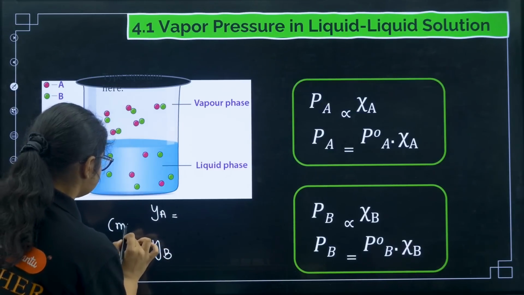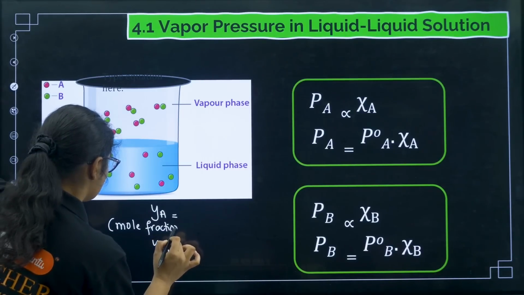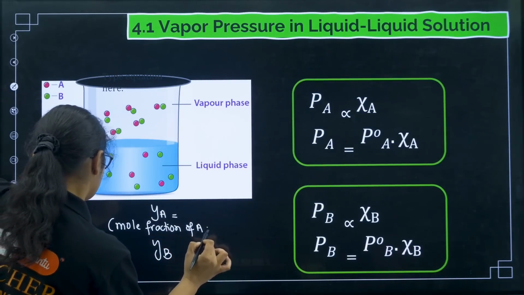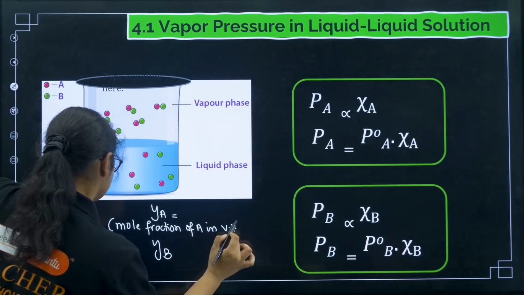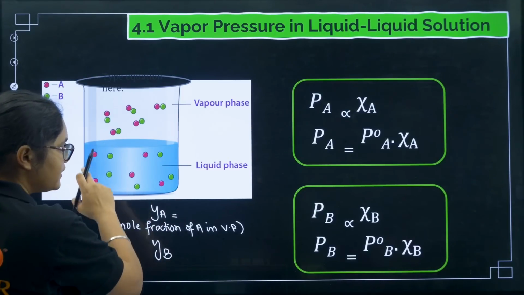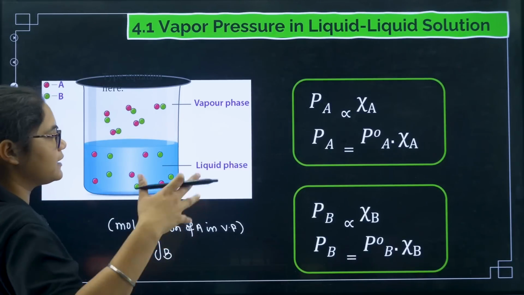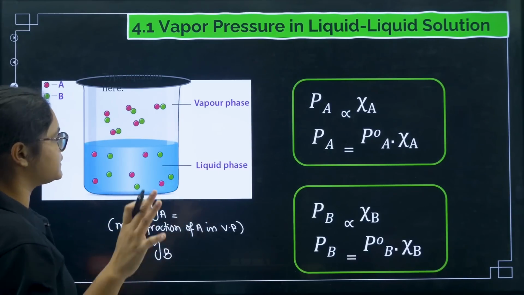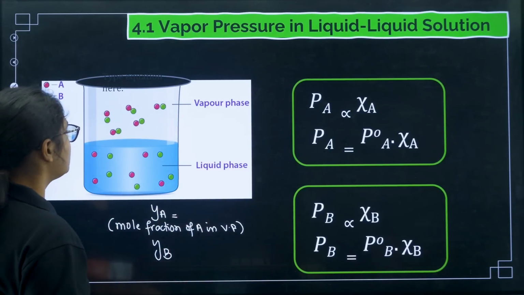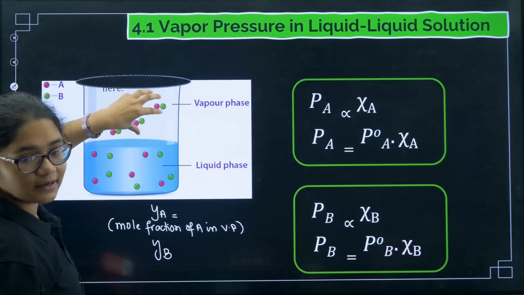Mole fraction of A in the vapor phase. XA is the mole fraction of A in the liquid phase. Now once they have gone to the vapor phase, both A and B have evaporated and a vapor pressure is created. Then what is the pressure of A here? What is the pressure of B here in the vapor phase?